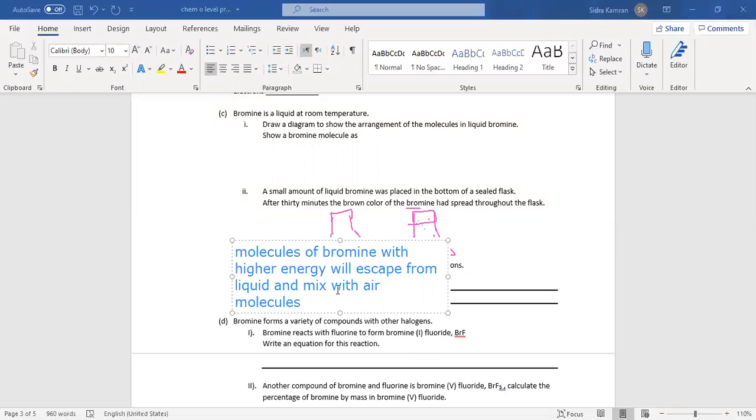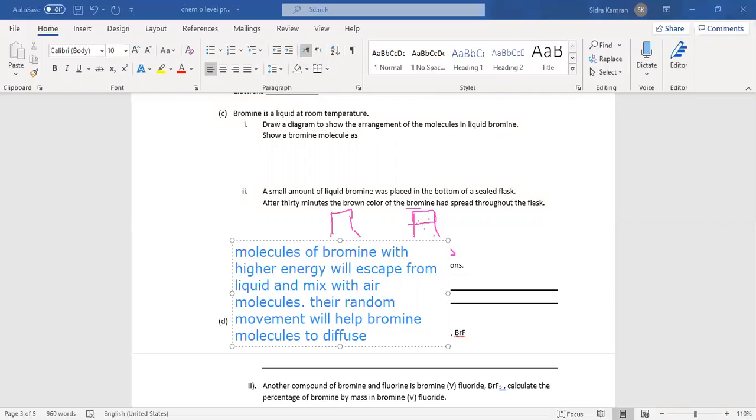So you are placing liquid bromine at the bottom and the other part of the flask contains air. So molecules of bromine with higher energy will escape from the liquid and mix with air molecules. Their random movement will help bromine molecules to diffuse into air.